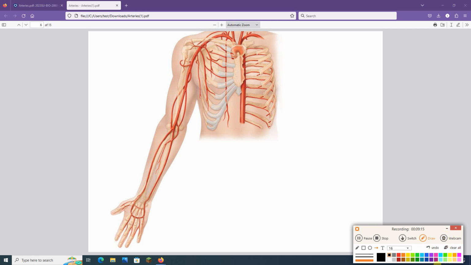Fantastic. You know what? Earlier I did talk about the descending thoracic aorta. I mentioned we got these posterior intercostal arteries. There are other branches that come off the descending thoracic aorta that we just don't see. There are arteries called bronchial arteries that are going to feed the lungs.